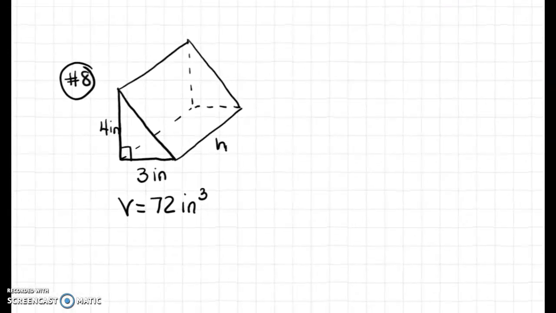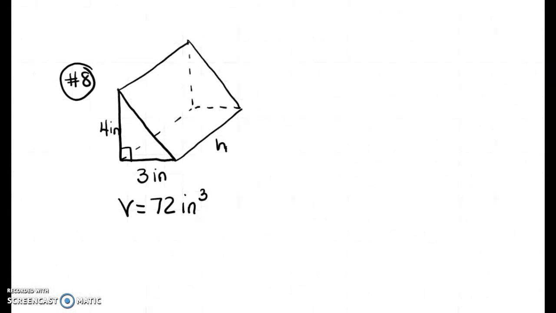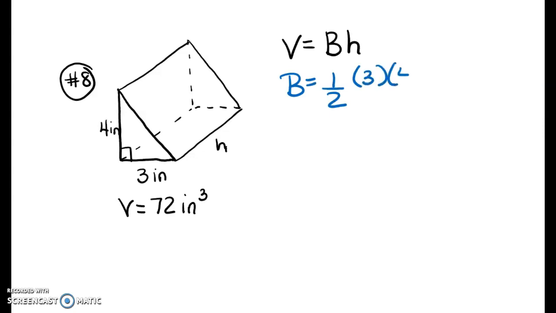All right, and then the last one, we're going to do the same. We have a volume that equals our base times our height. So let's calculate our base area. It is going to be, since it's a triangle, 1/2 3 times 4, and this reduces nicely. That reduces to just 6 inches squared.